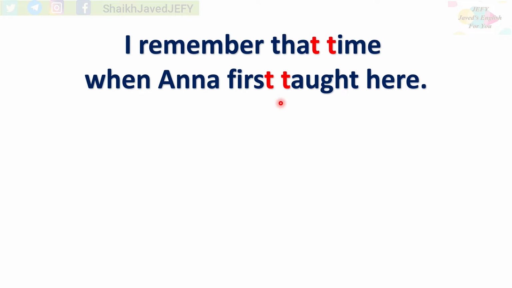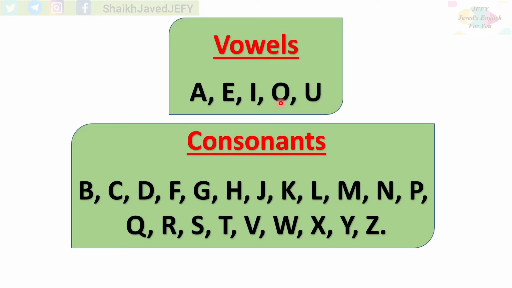How do we do that? We are gonna find out right now. To explain that, let me go to the very basic lesson of English language. We know that there are 26 letters in English language, which we call alphabets. Now these 26 letters have been classified into two different groups. The first one is vowels.